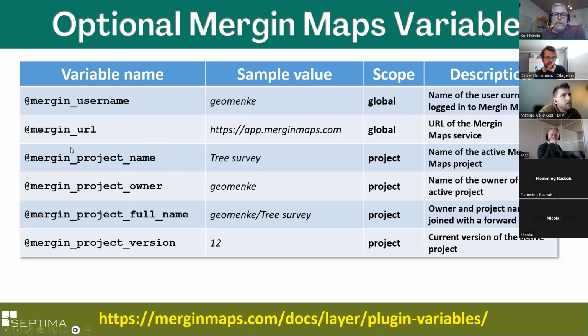And so instead of my name, I could use my Mergin username variable, which will return my username, which is Geomenki. So you could use any of these, Mergin project owner, etc. So these are all different variables you have access to.